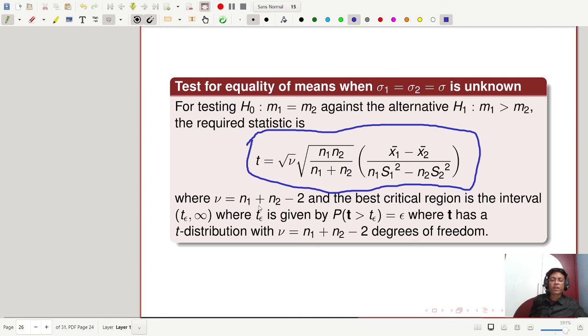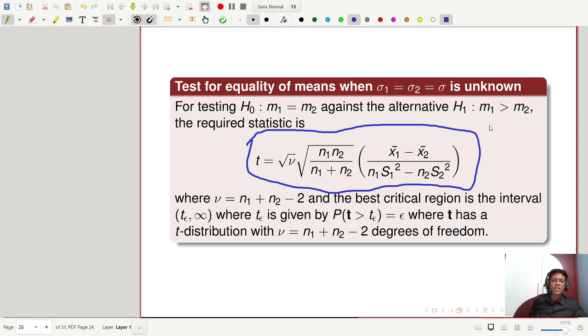Nu is n1 plus n2 minus 2 because T follows a T distribution with n1 minus 1 degrees of freedom, and the other one follows n2 minus 1 degrees of freedom. So combined it will be nu, n1 plus n2 minus 2 degrees of freedom, and you can get the value from the T distribution table.